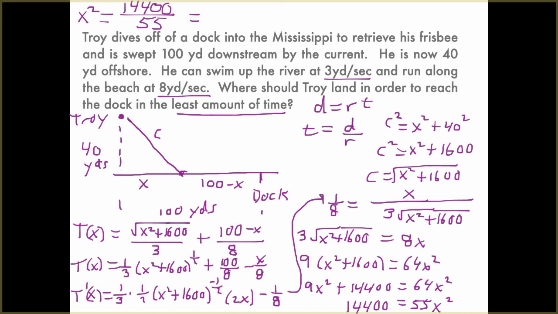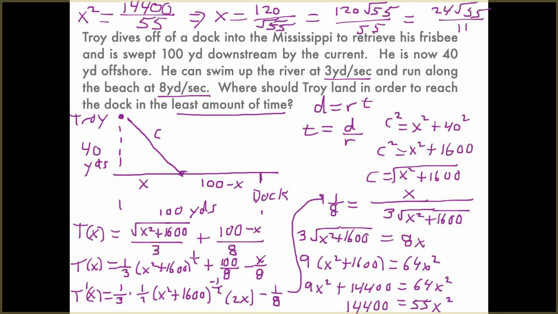When you do this, you're going to get x equals 120 over the square root of 55, which is 120 square root of 55 over 55, which is 24 square root of 55 over 11.